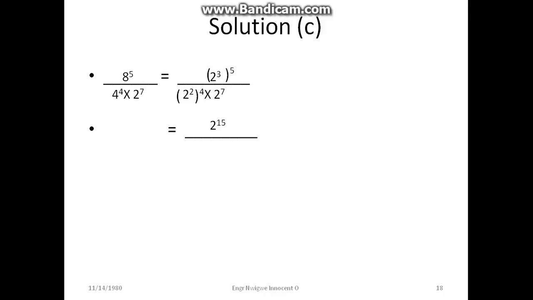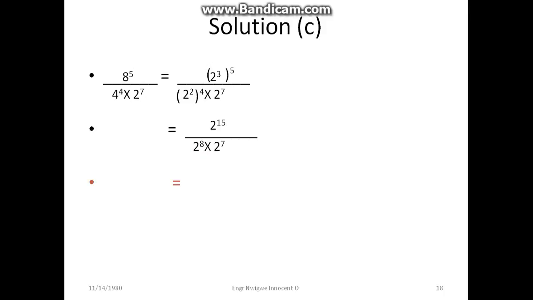Therefore 3 times 5 will give us 15. Therefore we have the numerator to be 2 raised to power 15 divided by, since the denominator we are also having a bracket sign, having 2 and 4 outside the bracket, we now have 2 raised to power 8 times 2 raised to power 7.